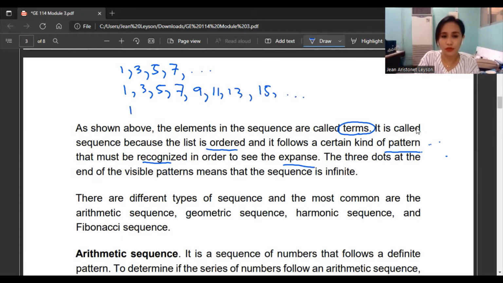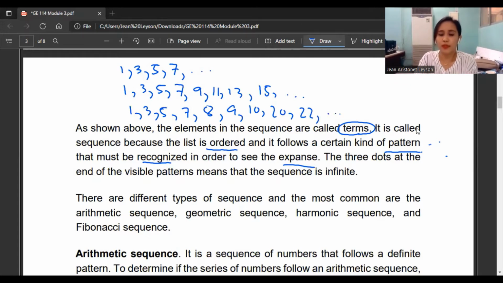And below, set B: 1, 3, 5, 7, 8, 9, 10, 20, 22, and so on. If we observe set A, the first set of numbers, we can see that there is a pattern. So what do you think is that pattern?